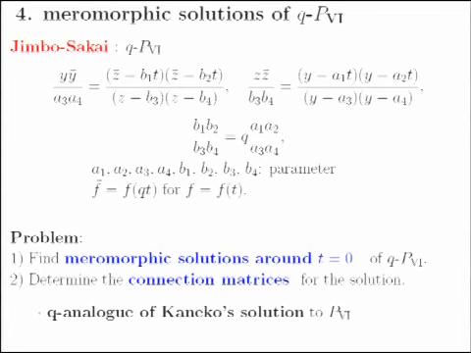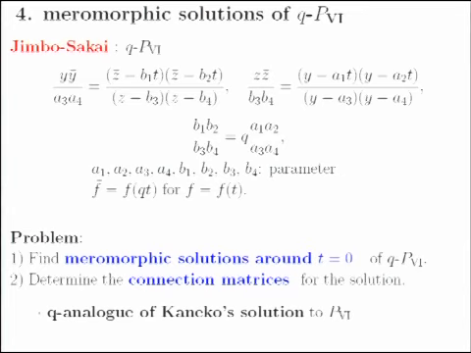How about this equation? There are many works on q-Painlevé equations, more than 10 years ago, after Jimbo and Sakai's work. Jimbo and Sakai found qP6 by connection preserving deformations. But we don't find any analytic result on qP6 using connection preserving deformation.